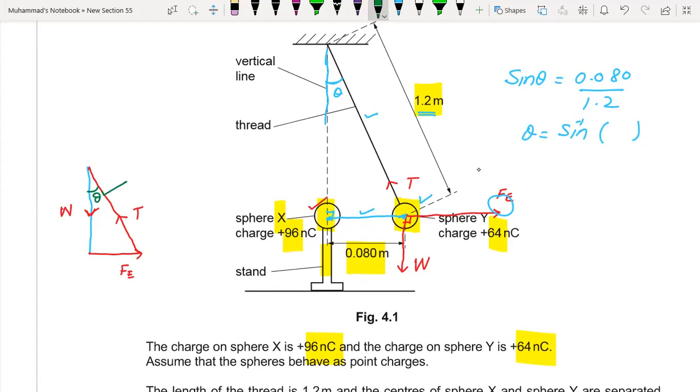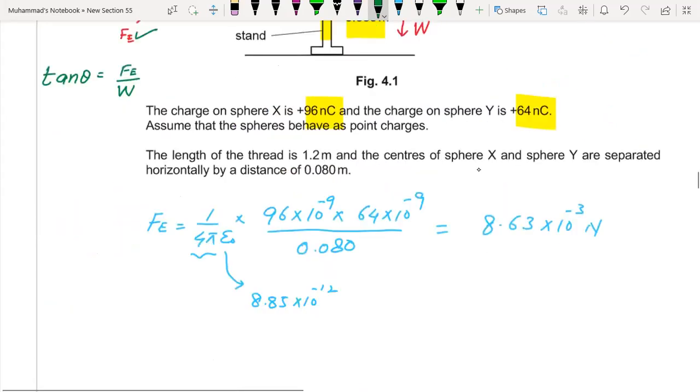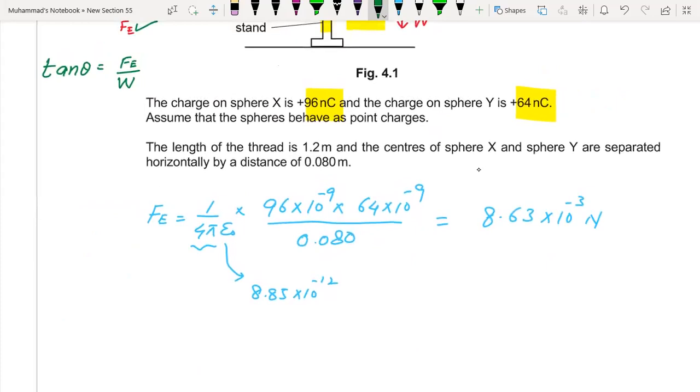We know this theta, we know this electric force, and we have to find this W. We don't need to find the tension. This is a right angle triangle, so we can use tan theta, that is electric force over weight. Tan theta is equal to F electric divided by weight. So the weight of the object will be electric force divided by tan theta.